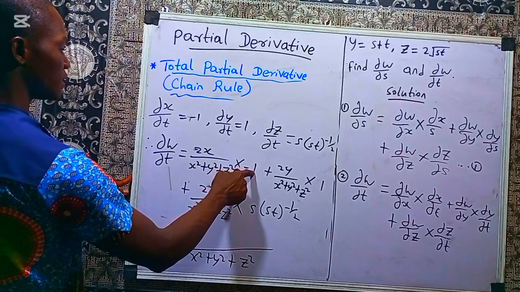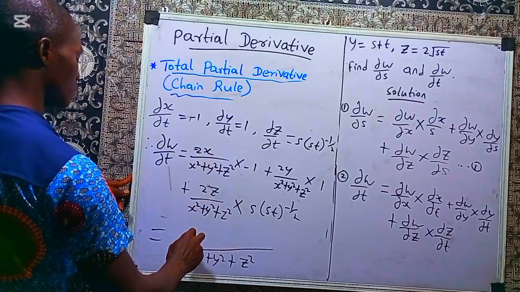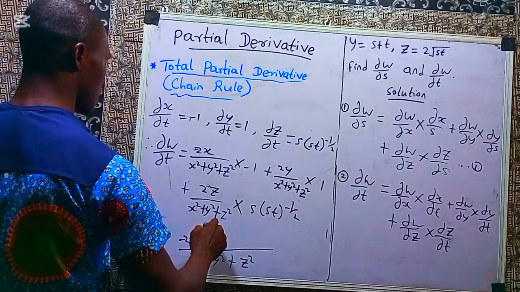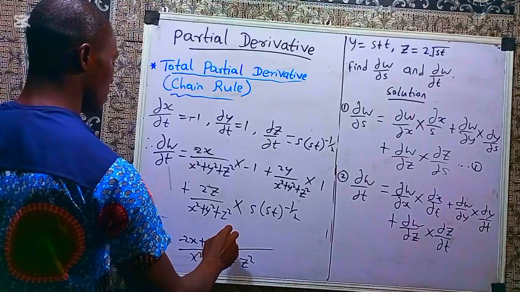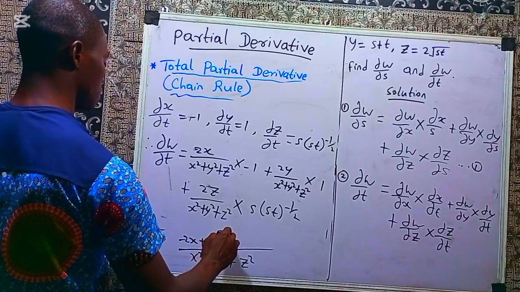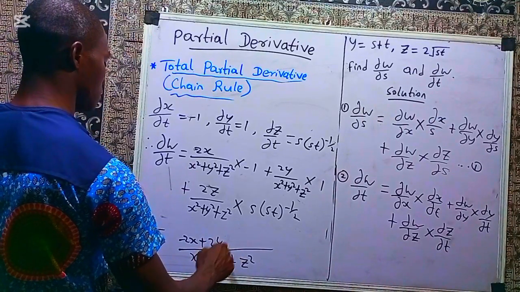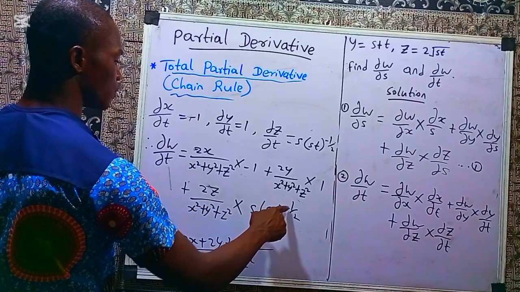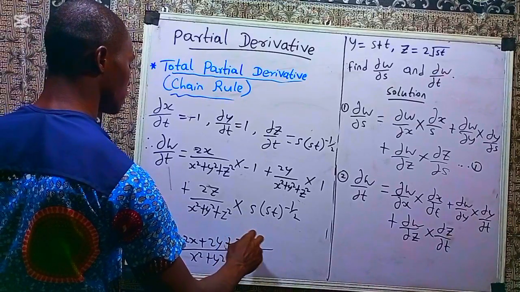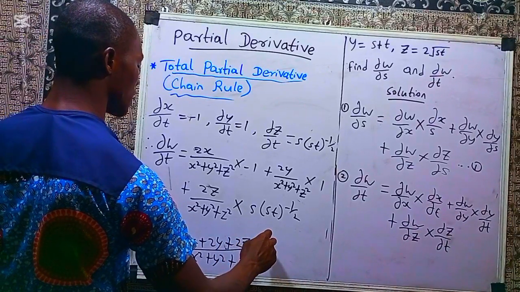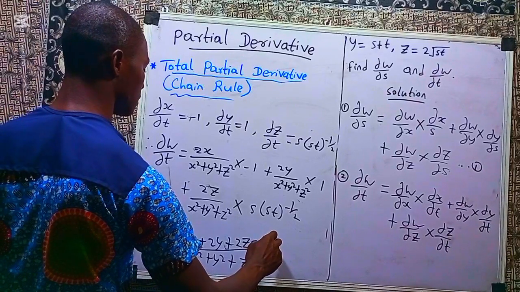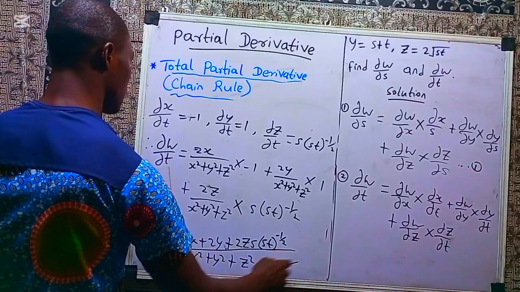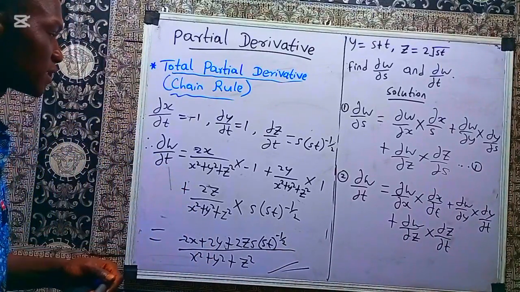So now negative 1 multiplied by 2x, I have negative 2x, plus 2y multiplied by 1, I have 2y, plus 2z multiplied by s into (st) raised to the power negative half, I have 2z s (st) raised to the power negative half. So this is the partial derivative of w with respect to t.